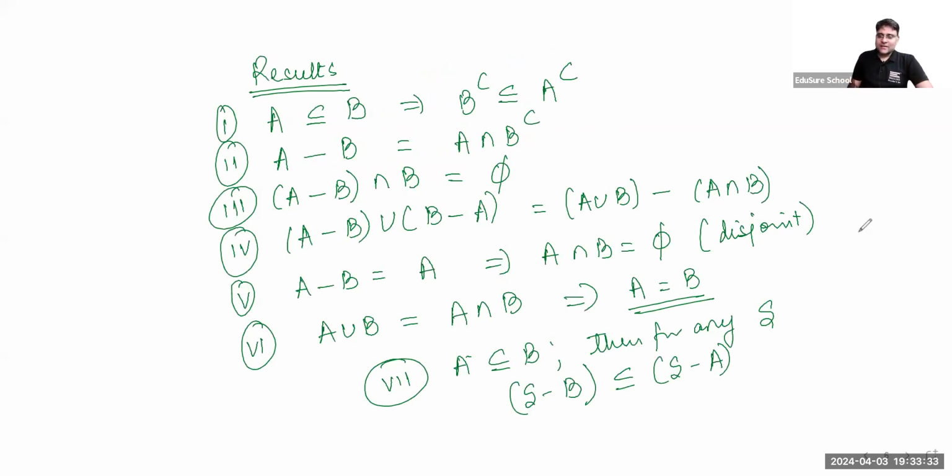It's like this, that if A is a subset of B, then for any other set S, S minus B will be this entire part gone and only the lower part of S. And S minus A will be only this part gone from S. So S minus B will be a subset of S minus A because more elements are being removed here than here.